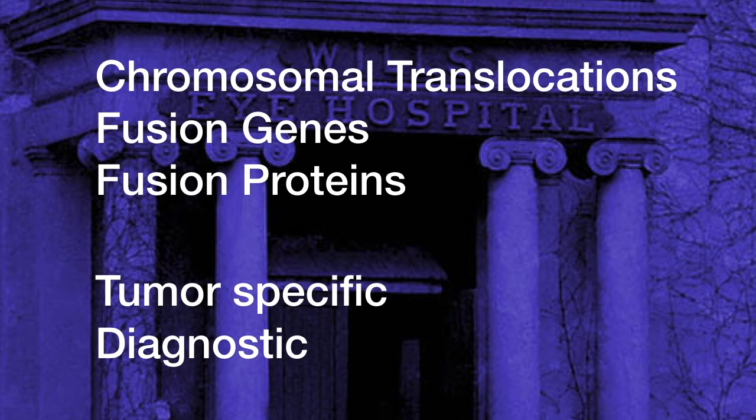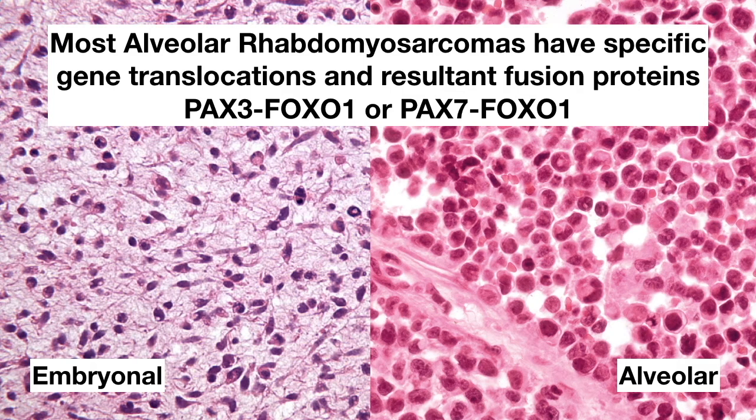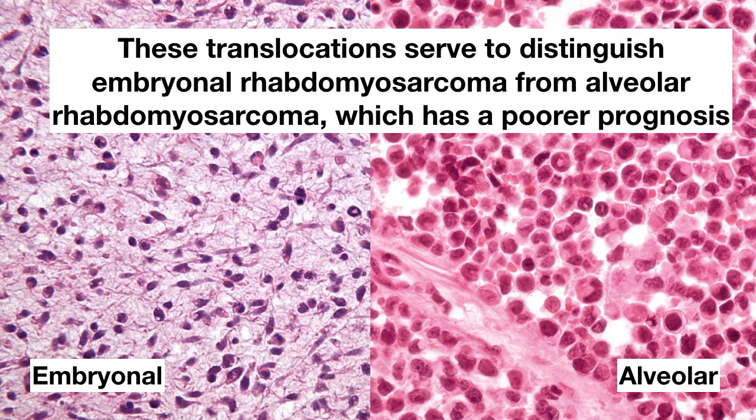Diagnostic chromosomal translocations and resulting fusion genes and fusion proteins occur in specific cancers and can be used to diagnose them. Most alveolar rhabdomyosarcomas have specific gene translocations and result in fusion proteins that involve the FOXO1 and the PAX3 or PAX7 genes. These translocations serve to differentiate alveolar rhabdo, which has a poorer prognosis, from embryonal rhabdo.